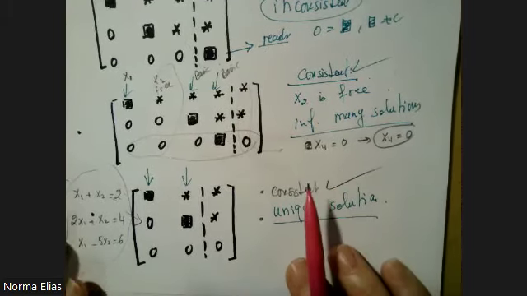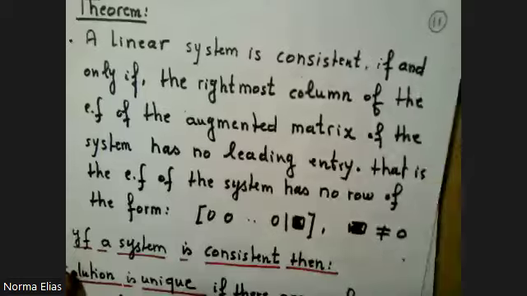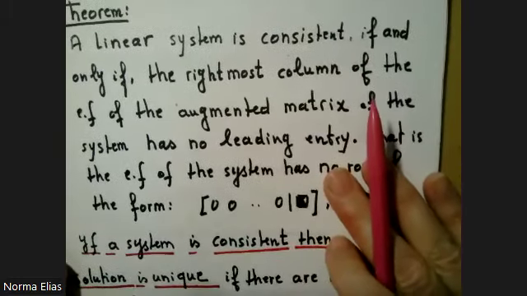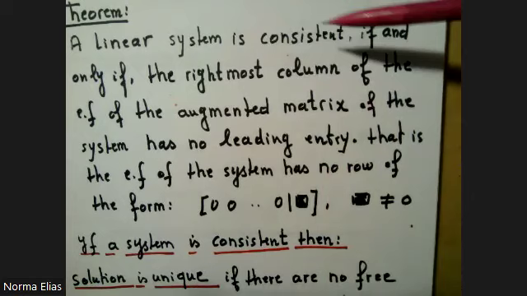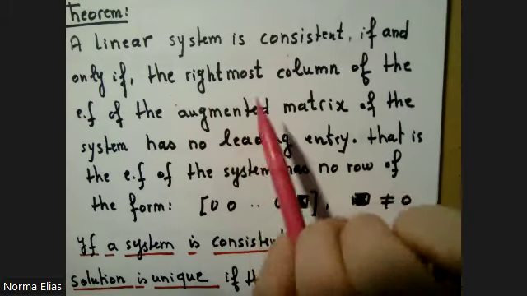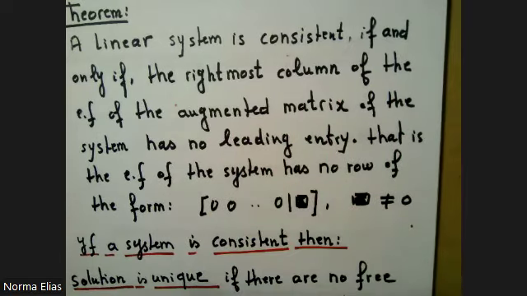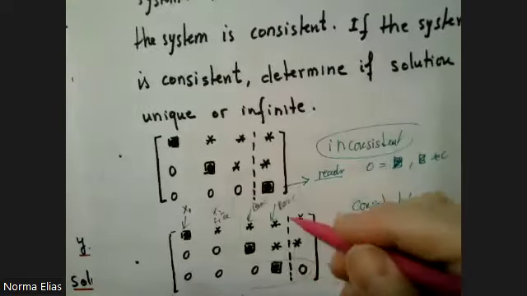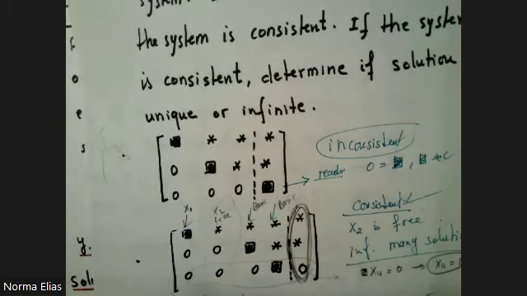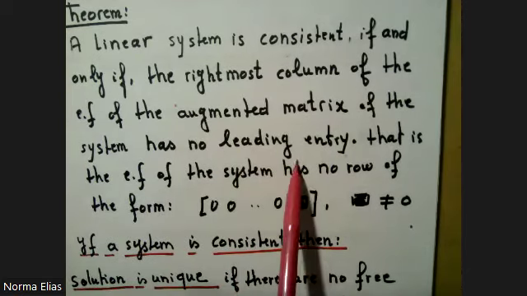Another question concerning those. All right, so let me summarize this in the following theorem, which I think should be understood at this stage. Theorem: a linear system is consistent, I mean there is a solution, if and only if the rightmost column of the echelon form of the augmented matrix has no leading entry.